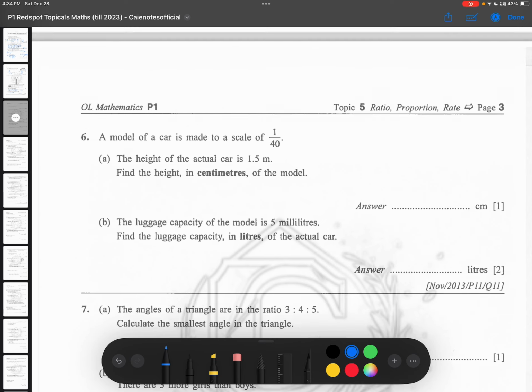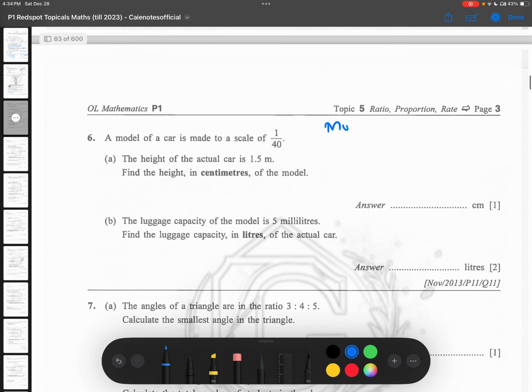So first I write model, height, ratio, actual. A model of a car is made to a scale of 1 upon 40, and actual will be 1. We need to find the height in centimeters of the model. The height of the actual car is 1.5 meters.